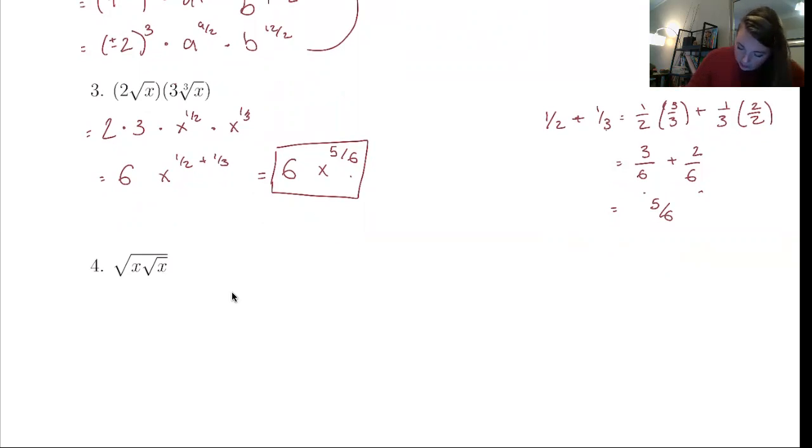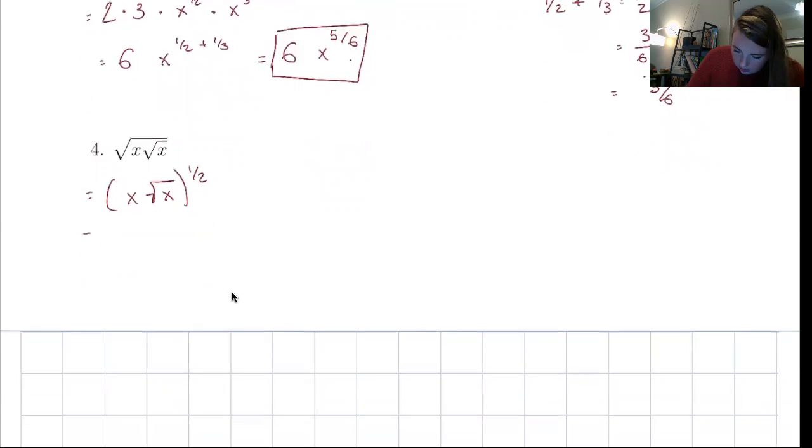If you want to do it one at a time, that's totally fine. So let's do this first square root. So this would equal x times the square root of x, which is x to the 1/2. And then that other square root of x would then again turn into x to the 1/2. You don't need to add these extra parentheses, but sometimes it's just nice. Okay. And then PEMDAS. So parentheses, we work from the inside out like an onion, going through layers.